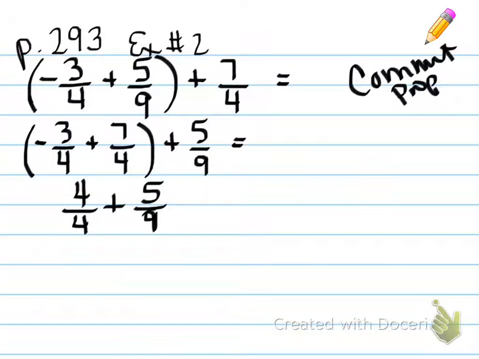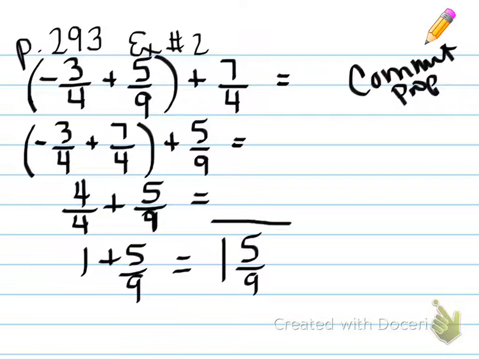I can take the ones that are alike, go ahead and get them together, then I can work with getting a common denominator. However, in this case, 4/4 is the same as a whole, so really what we're saying is 1 plus 5/9, and obviously the answer would be 1 and 5/9.